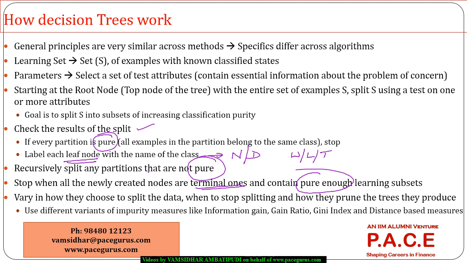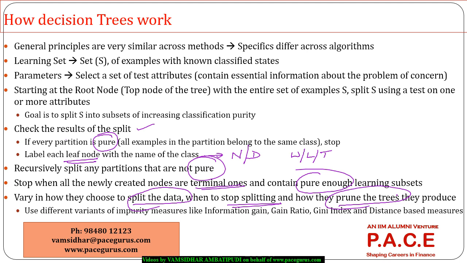This is where the different models differ. How the data is split, which attributes are used for splitting the data, which one is used first and which next, and on what basis the splitting of the data is happening based on the rules. When to stop splitting: different algorithms have different mechanisms for when to stop the splitting process. How they prune the trees: when should the structure of the tree be cut down, and in what way.